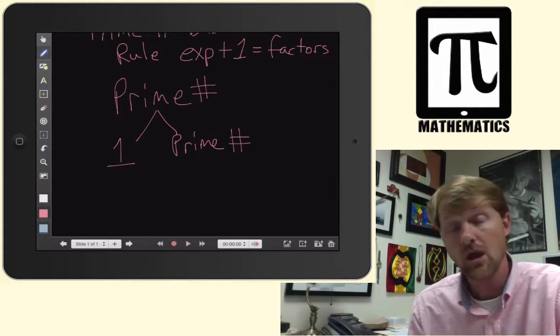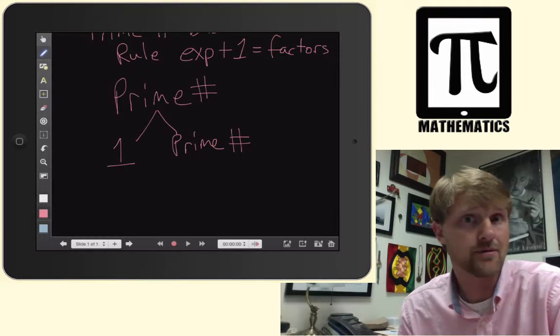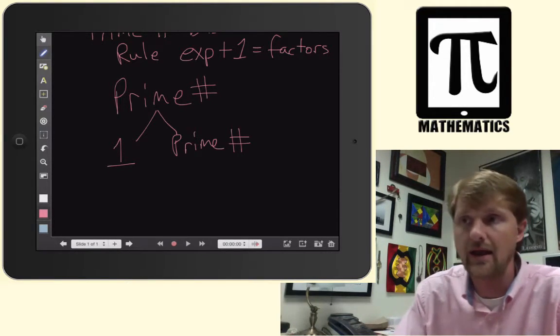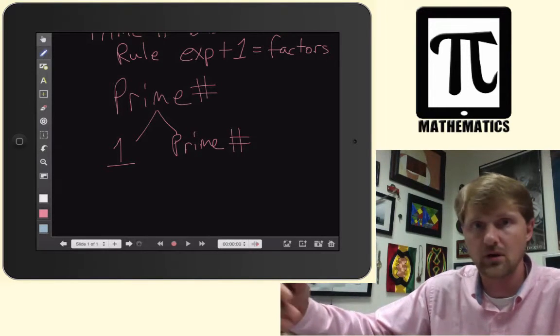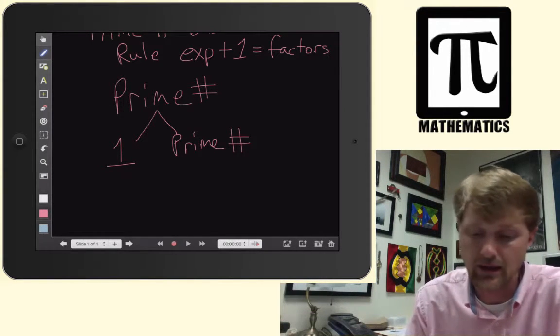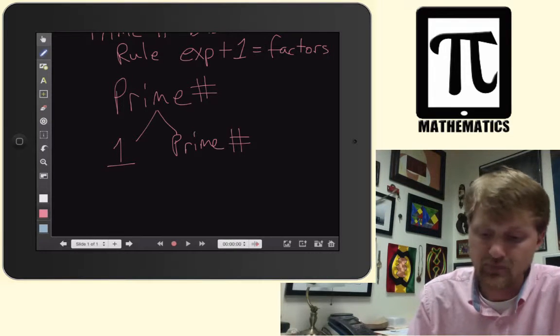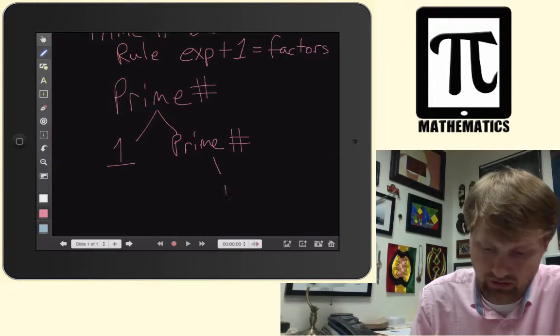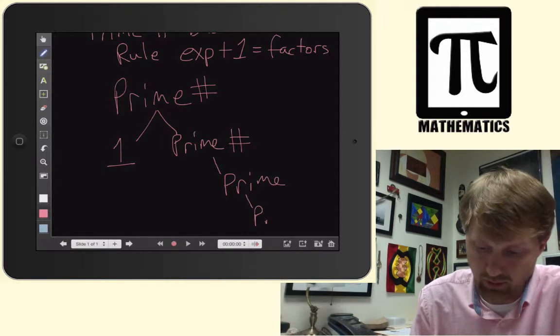Okay? And if I were to raise that prime number to an exponent, in other words, multiply it by itself again, we would in essence get another prime number in here. We come down here and we get a prime number, and then we come down again and we have another prime number.